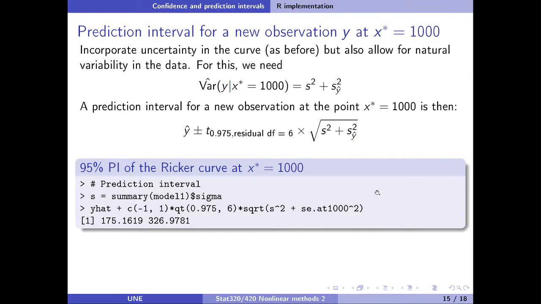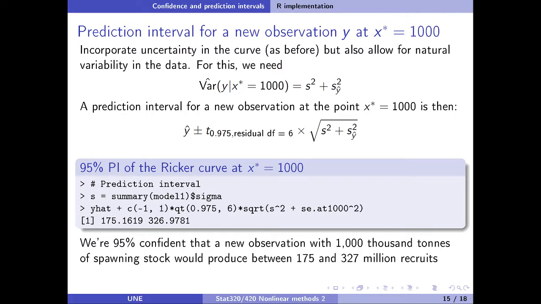And we get a range of 175 to 327. Okay, so what's our interpretation of this? We're 95% confident that a new observation with 1,000 tons of spawning stock, or 1 million tons if you like, would produce between 175 and 327 million recruits.